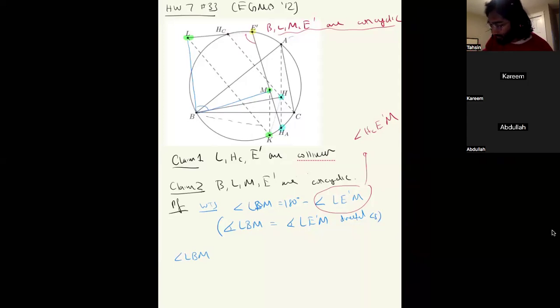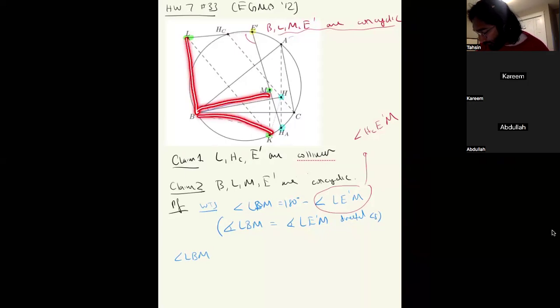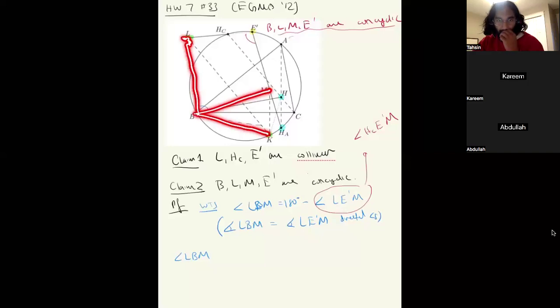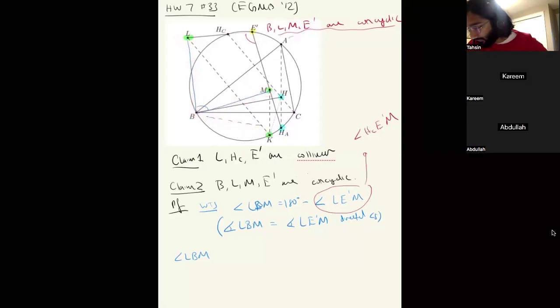We had K, which we reflected to get M and L. So if you look at these three things, you actually know all of these angles. You can calculate all of these angles because of the reflection properties, and so calculating LBM is not so hard. So let's do it.